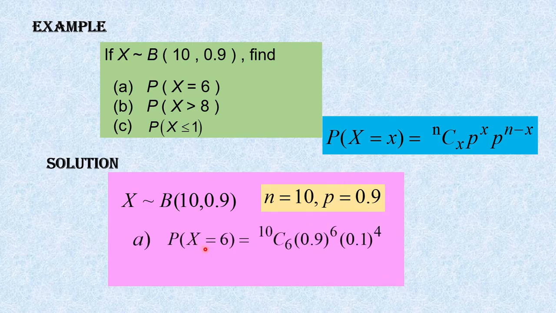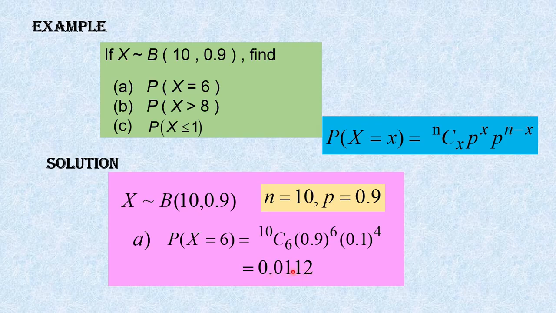A, probability X equals 6. So out of 10 trials, the probability X equals 6 is, we substitute n with 10 here and x with 6. p is 0.9, so 0.9 to the power of 6. q is 0.1, so 0.1 to the power of 4. Simplify, you will get the answer 0.0112.